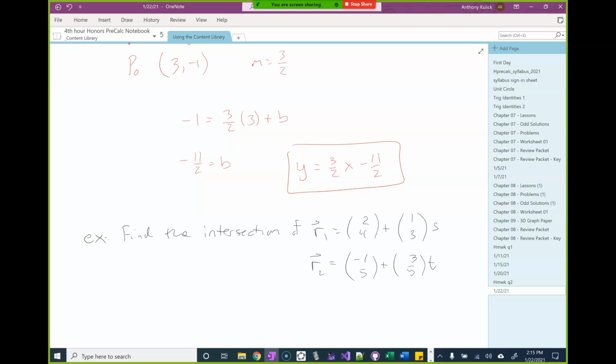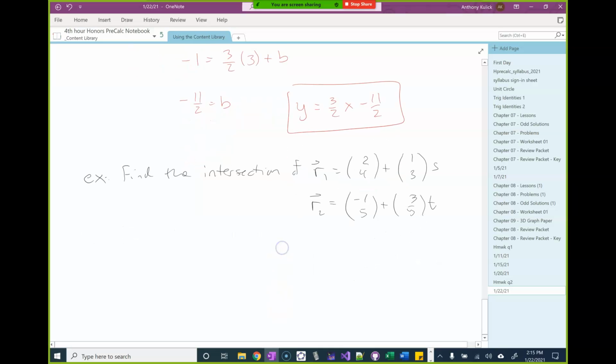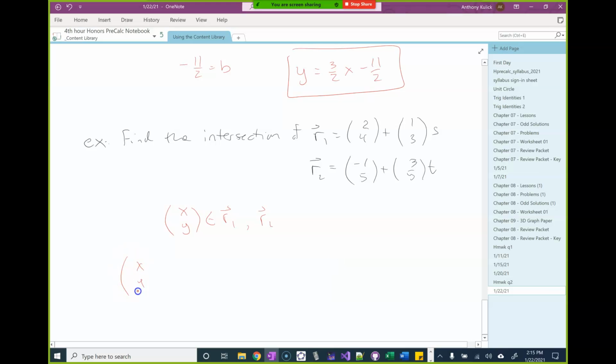So the idea here is we want to find some vector xy that's on R1 and on R2. So if I do the vector addition on the right-hand side here, maybe I'll write that as a separate line. That probably makes more sense because I'm going to do another one after that.